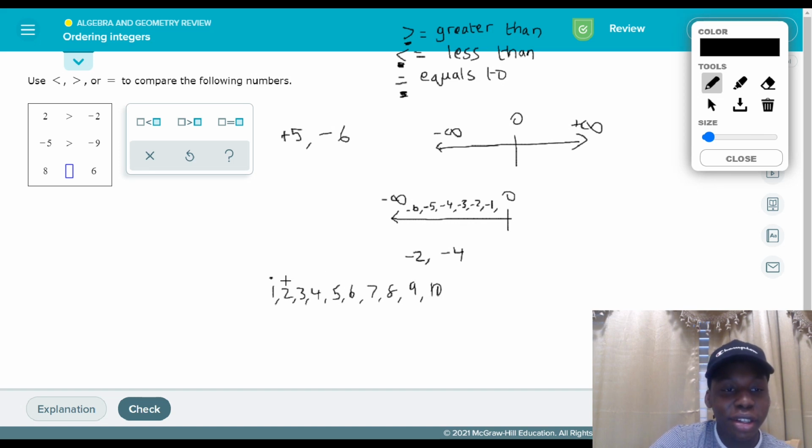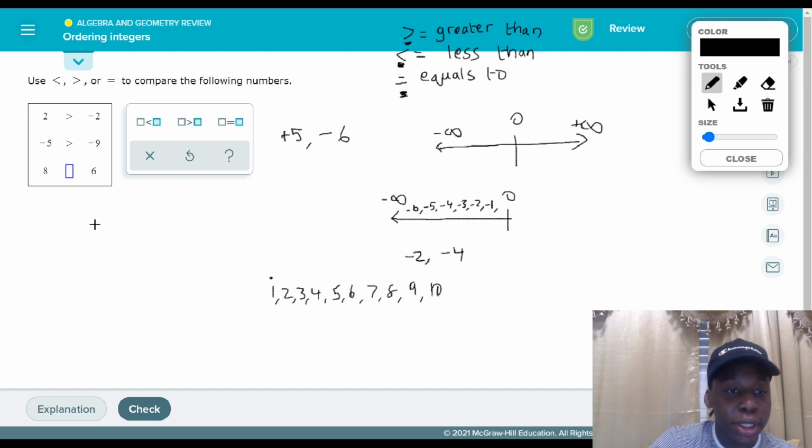How ironic, right? In positive numbers, the smallest possible integer would be 1. And how big a number is actually depends on how close it is to positive infinity.